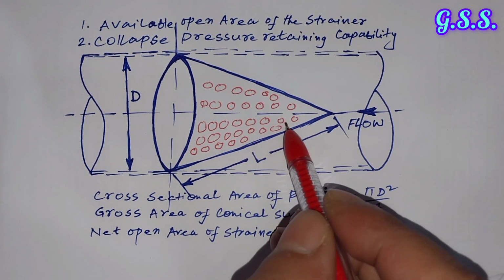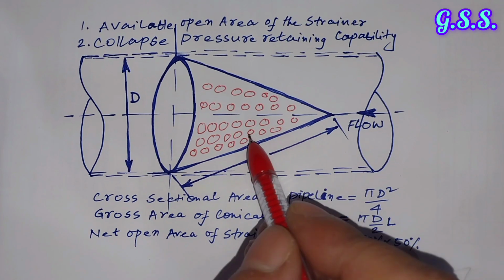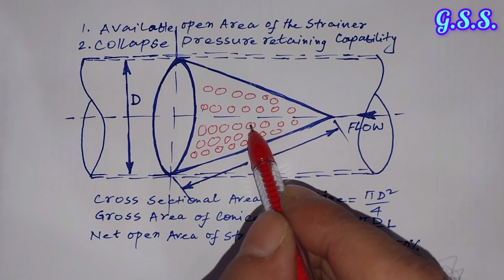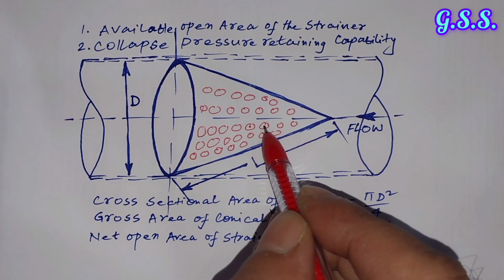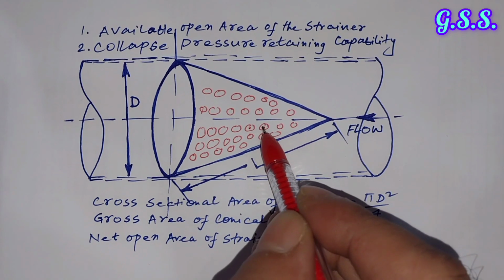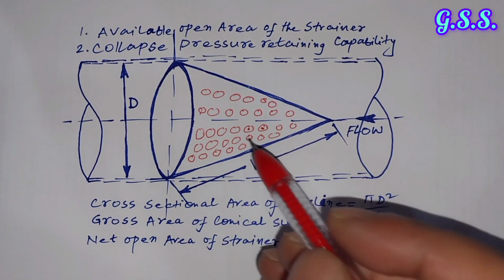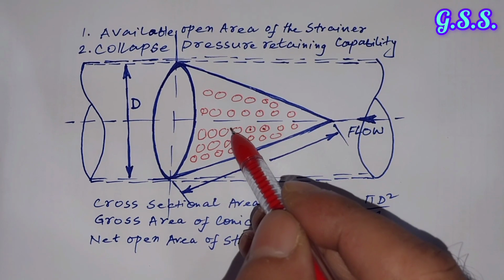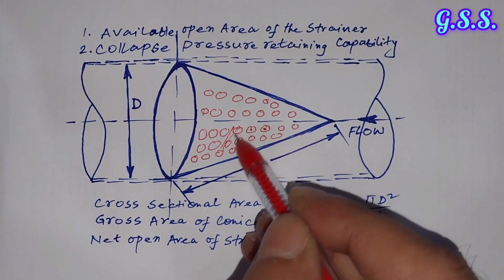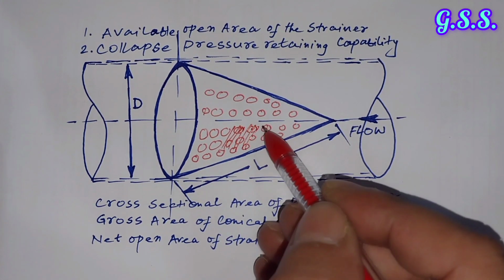These are the 6 dia holes, and 9 pitch means from this hole center to this hole center is 9 millimeter. And over this perforated sheet, a screen or mesh is there. Say this is the wire mesh.